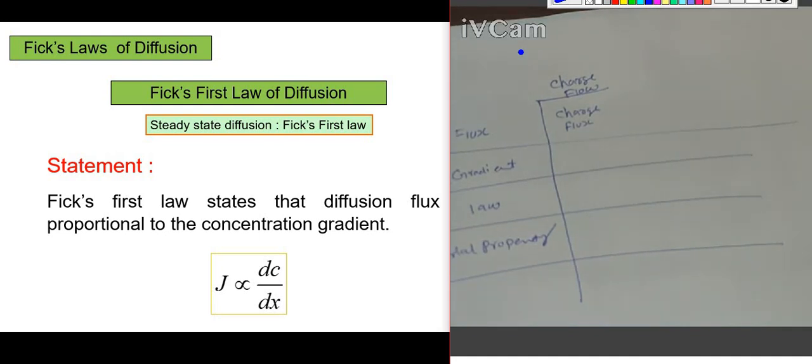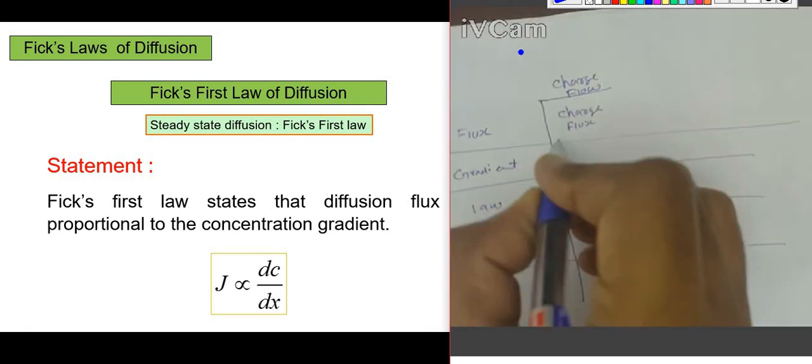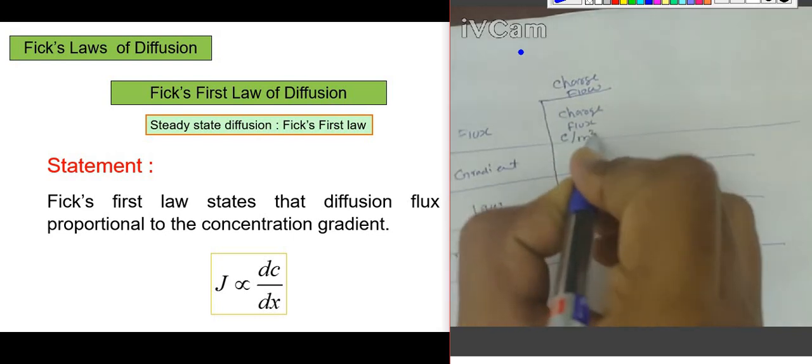That is nothing but how much charge crosses a unit cross-sectional area per unit time. That is the charge flux. So the unit is coulomb per meter squared per second.